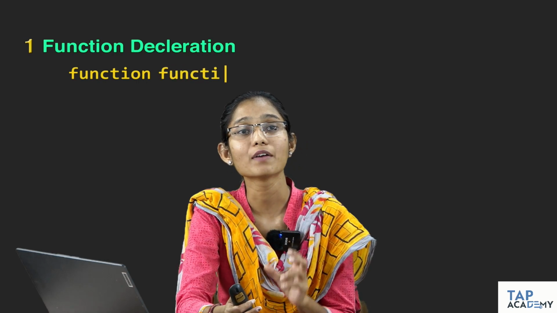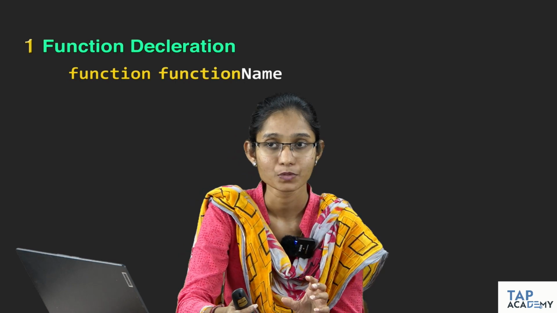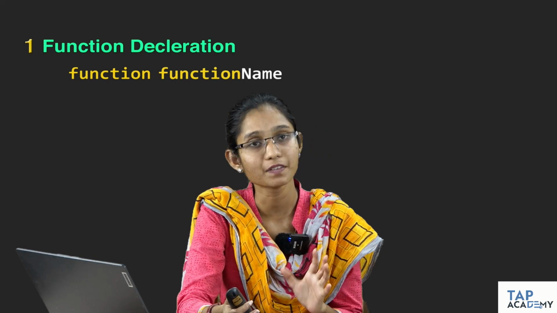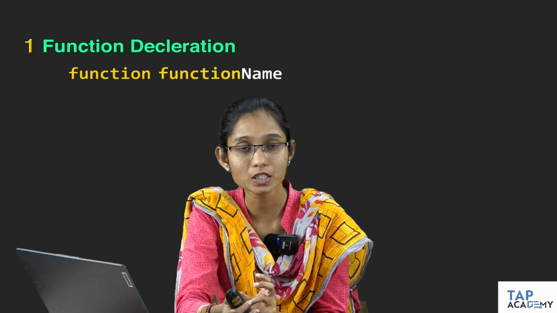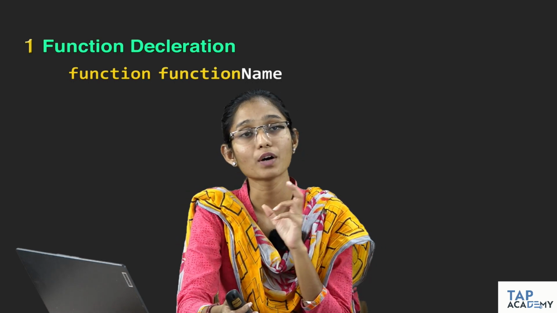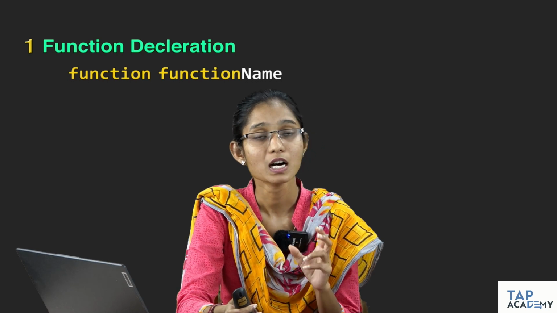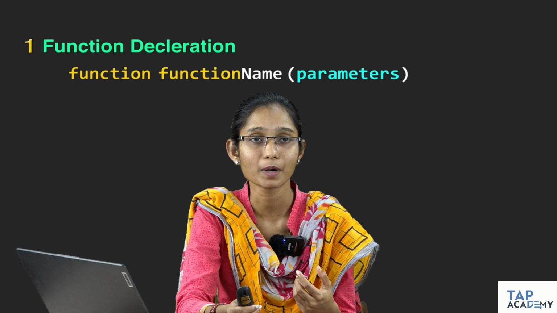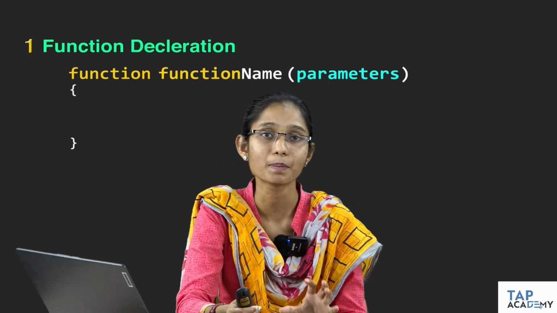After that you have to provide a function name. Whatever name you want to give, you can give it. But you have to use the function keyword, and you have to give a name for your function. After that, if you want to give any parameters for your particular function, you can provide those parameters.